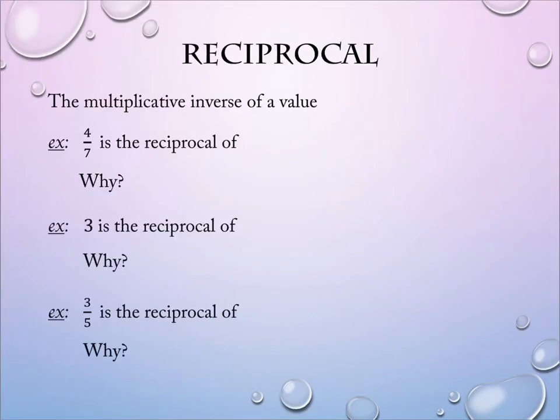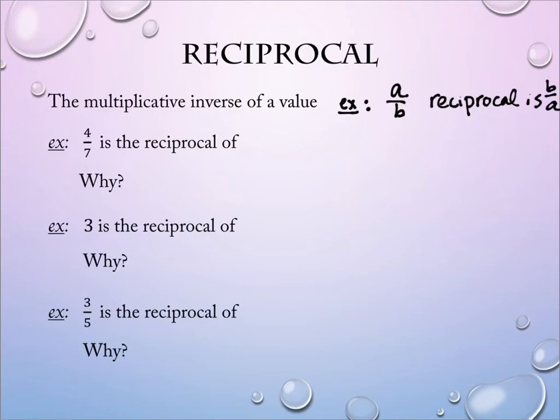All right, we're going to talk about reciprocals. A reciprocal is the multiplicative inverse of a value. For example, if we have the value a over b, then the reciprocal is b over a.